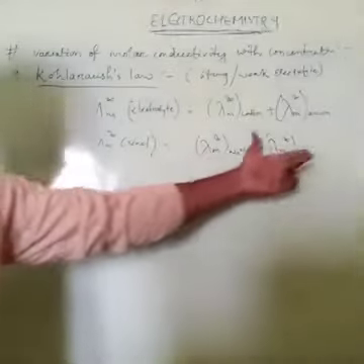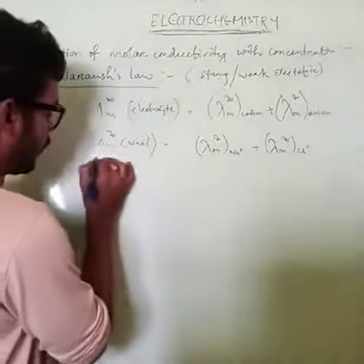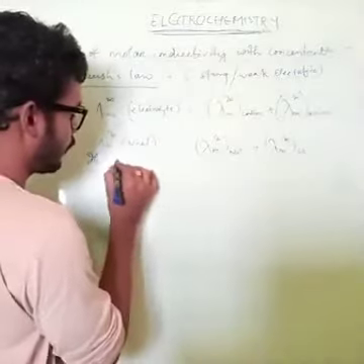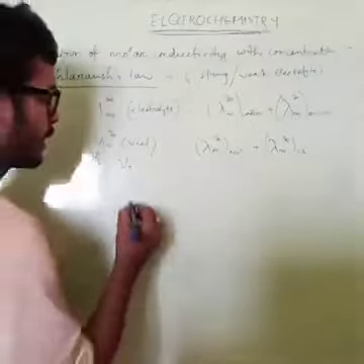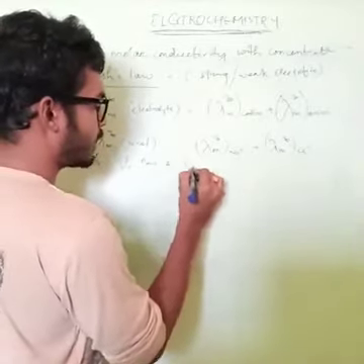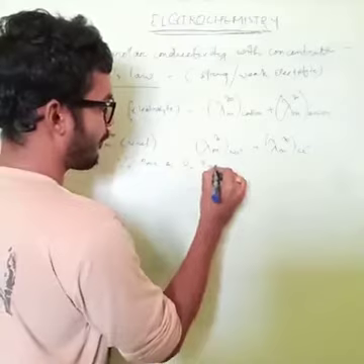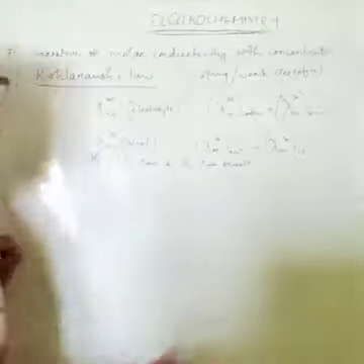These values will be given. Suppose nu plus ions are present and nu minus ions are present.